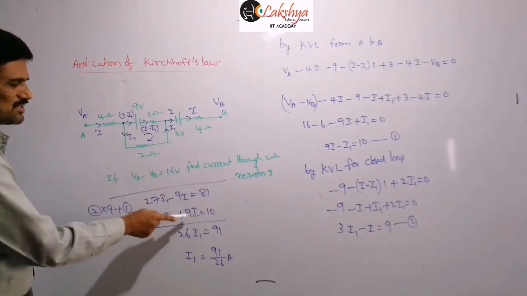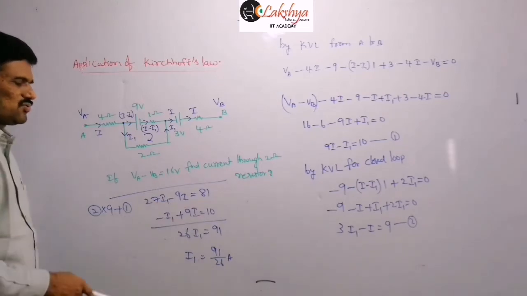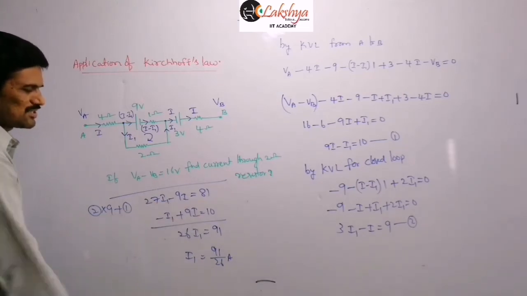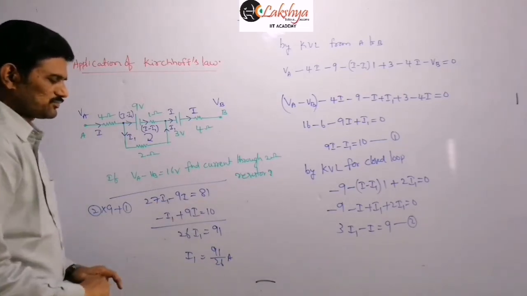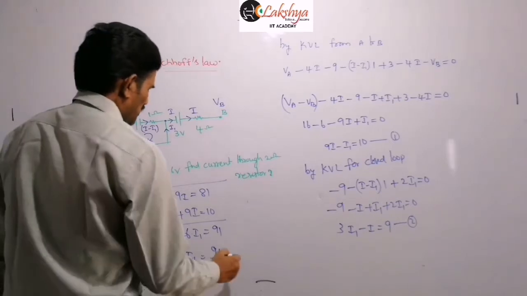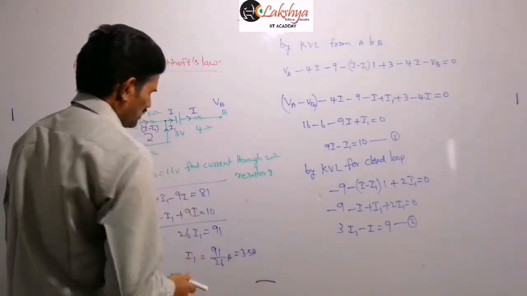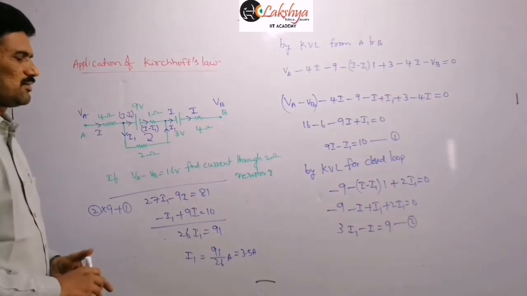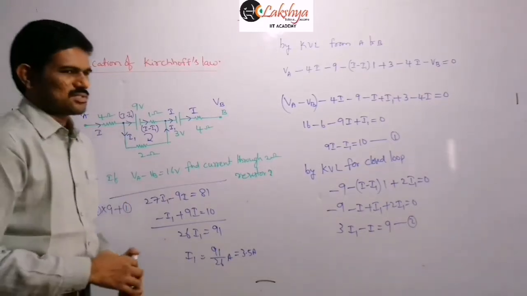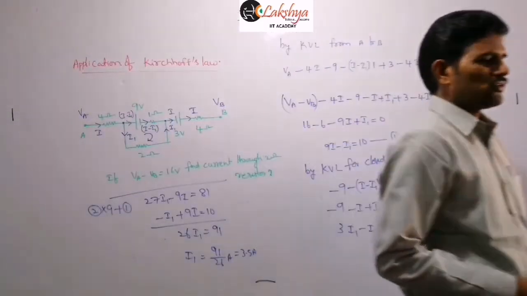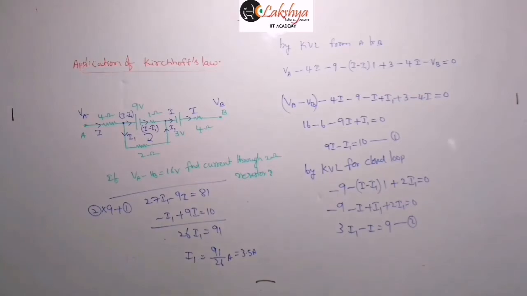So 9I minus I1 plus 27I1 minus 9I is equal to 10 plus 81. Just simplifying this, you will get I1 is equal to 91 by 26, or nearly its value is 3.5 amperes, you can write. So it is our current flowing through the 2 ohm resistance here. Like that you can apply the Kirchhoff law, and you can find the current in the different branches of the circuit.